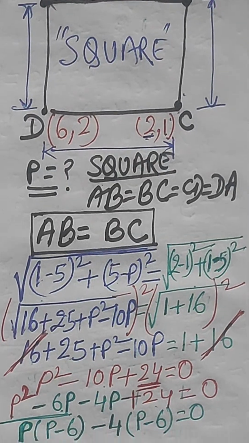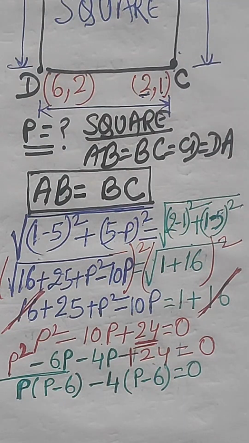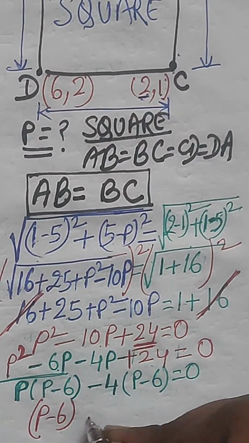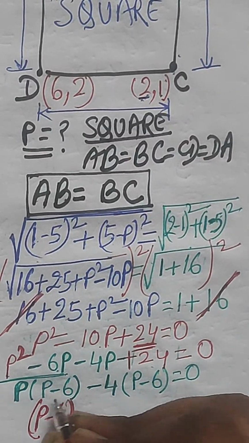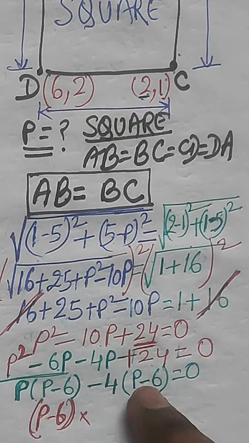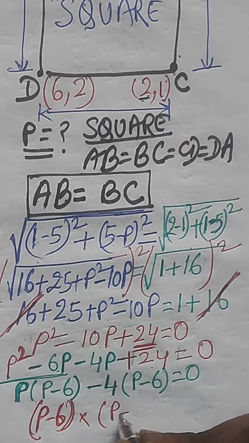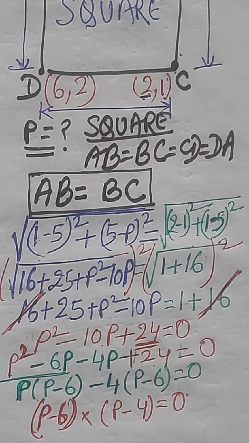So this will give you the equation like this: this will be factorized, and the two factors are p minus 6, which is common in both the terms, here you can see, multiplied with p minus 4 is equal to 0. So this will give you two values.